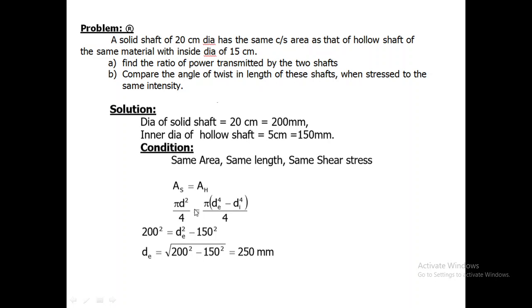This is the area of the solid shaft with diameter d, and this is the area of the hollow shaft with outer and inner diameters. This should be D square minus d_i square. It is wrong here, it is D square and d square here. If you simplify and calculate that, you will get 250 millimeters.